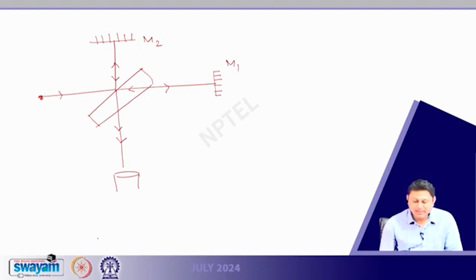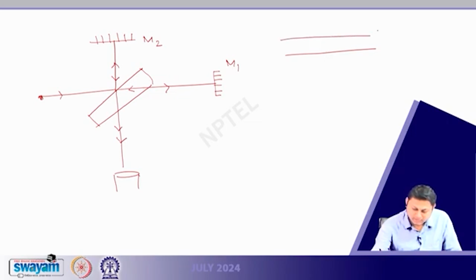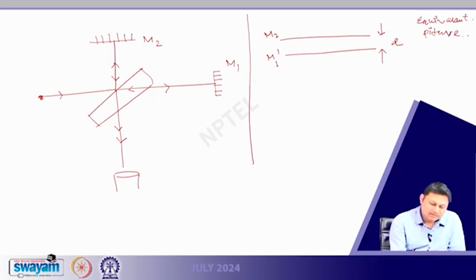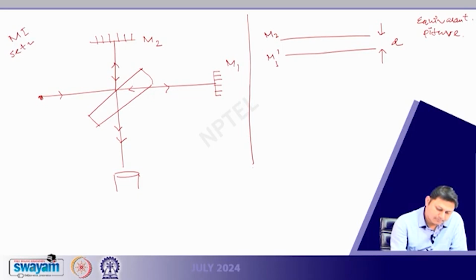Now, if I change the relative separation, the equivalent picture, the M1 and M2 were sitting like this, where this separation was D. This is M1 prime and M2, that was the equivalent picture, and this is the Michelson interferometer setup, original setup.